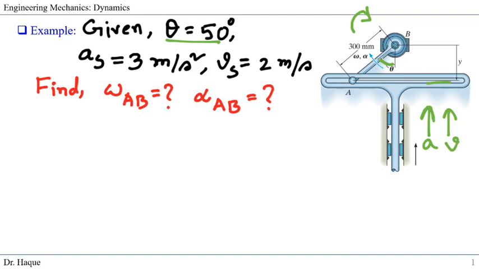The problem asks us to find the angular velocity of this arm AB and angular acceleration of this arm AB.